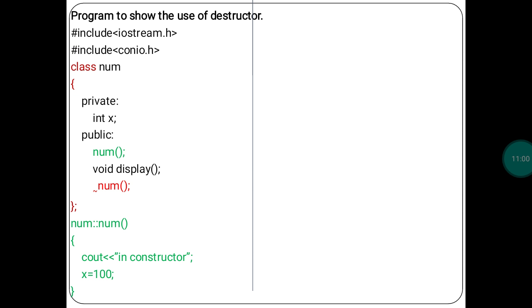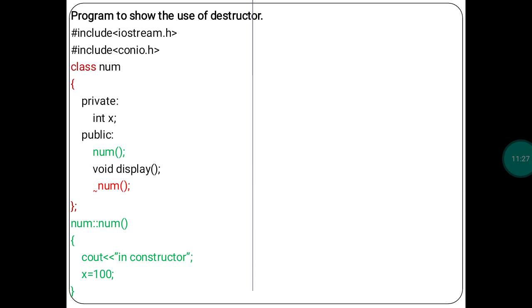Then see one programming example. Program to show the use of destructors. First is the header files, then class num. Num is the class name, and class is the keyword. Private int x is the private data member. Public num is the constructor.